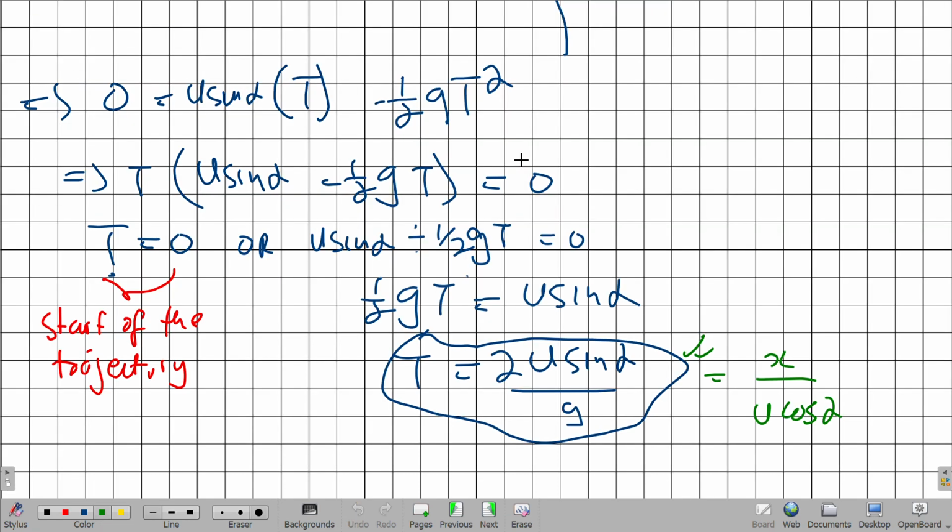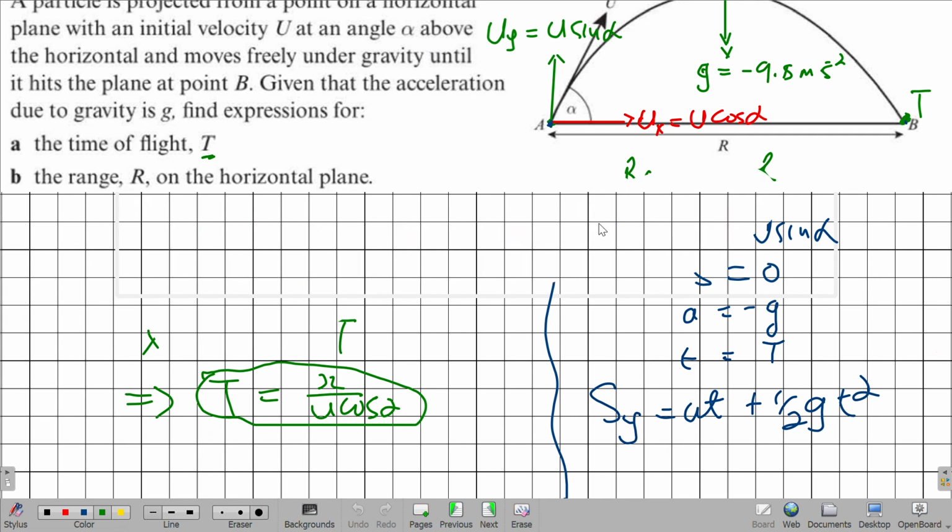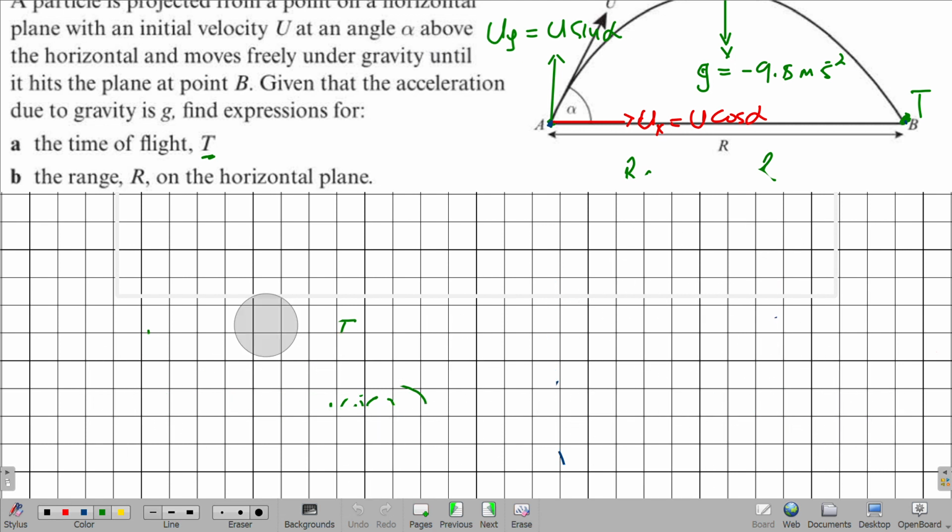The next part will be to calculate the range. So the range is the distance from the point of launching to the end. We are going to resolve horizontally.